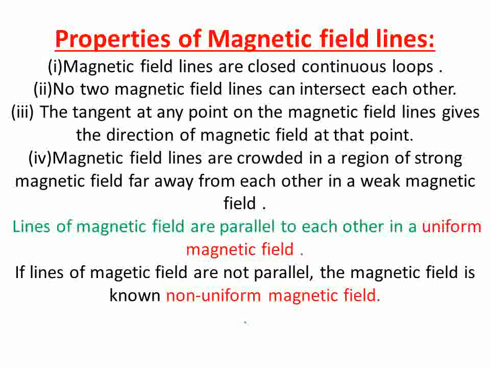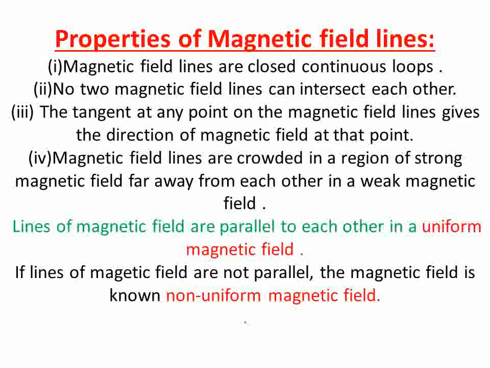Number 3, the tangent at any point on a magnetic field line gives the direction of the magnetic field at that point. Number 4, the magnetic field lines are crowded in a region of strong magnetic field and far away from each other in a weak magnetic field. That is how we differentiate between weak and strong magnetic field.